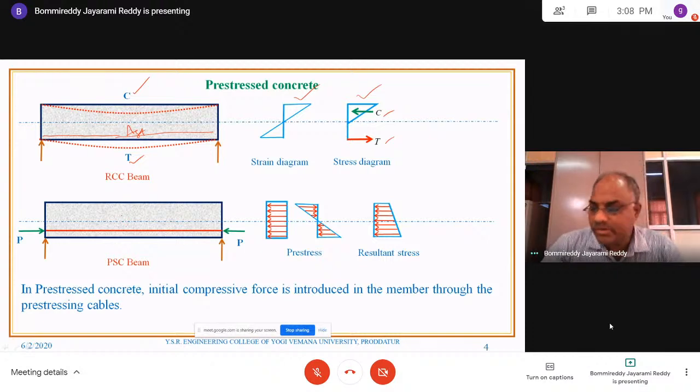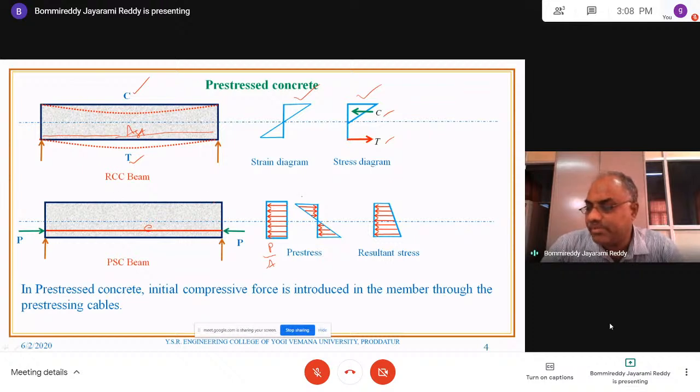Whereas in the case of pre-stressed concrete, by introducing the pre-stressing cable, a pre-stressing force P is induced in it, with an eccentricity of E. Because of the direct force, the stress will be P by A, which is totally compressive in nature throughout the cross section, and uniform at any point along the member.